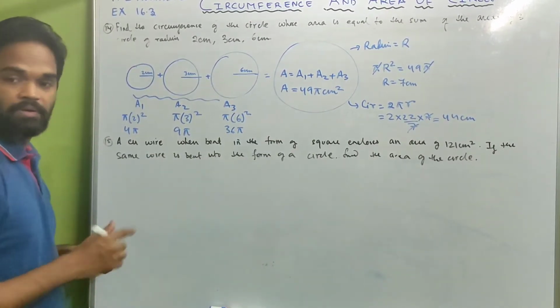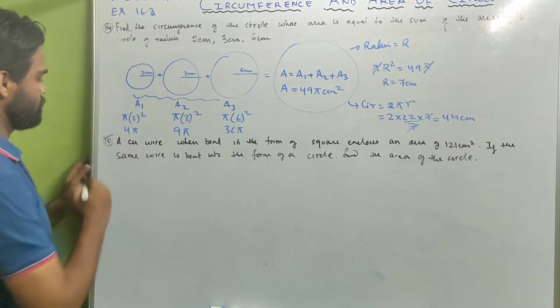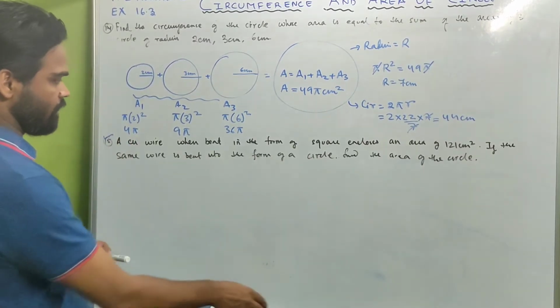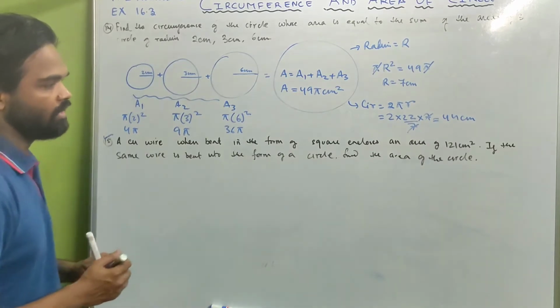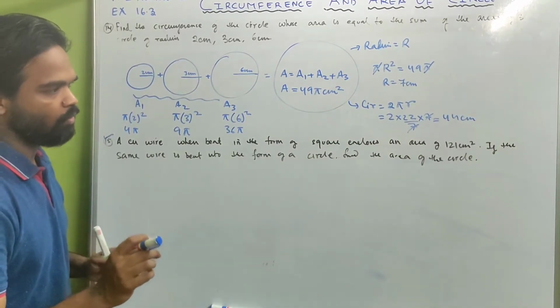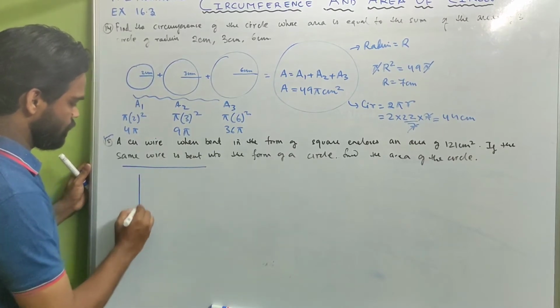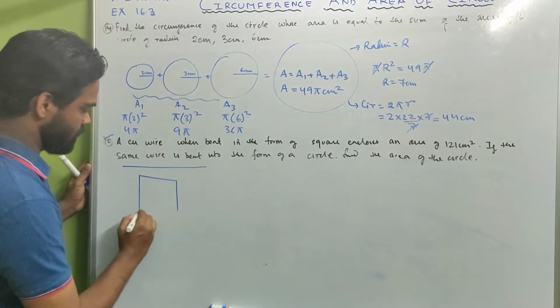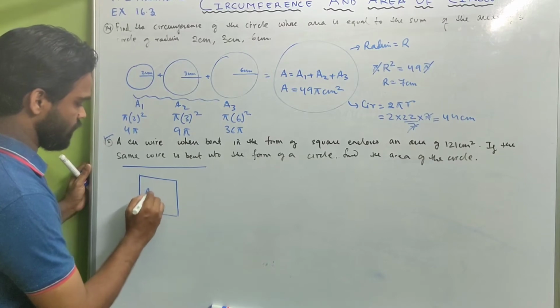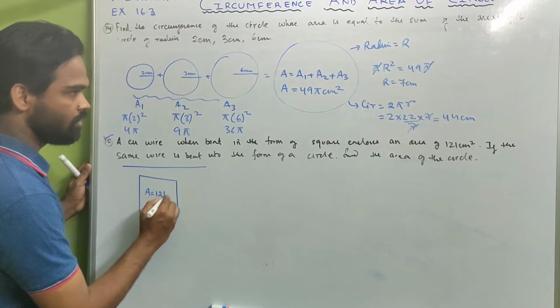Now look at sum number 15. A copper wire, when bent in the form of a square, encloses an area of 121 centimeter square. So you had a copper wire, you made a square out of it, and the area of the square was 121 centimeter square.